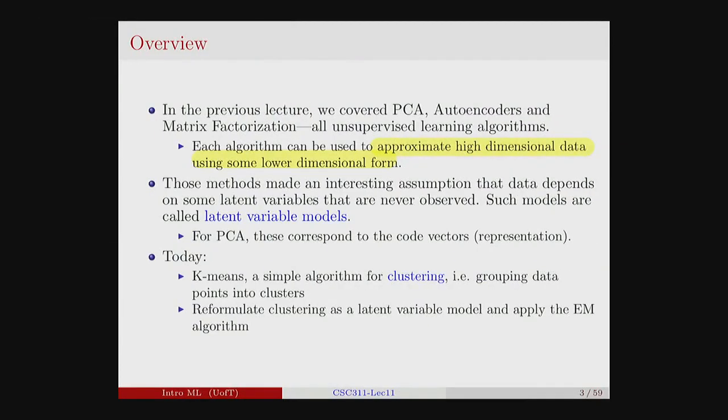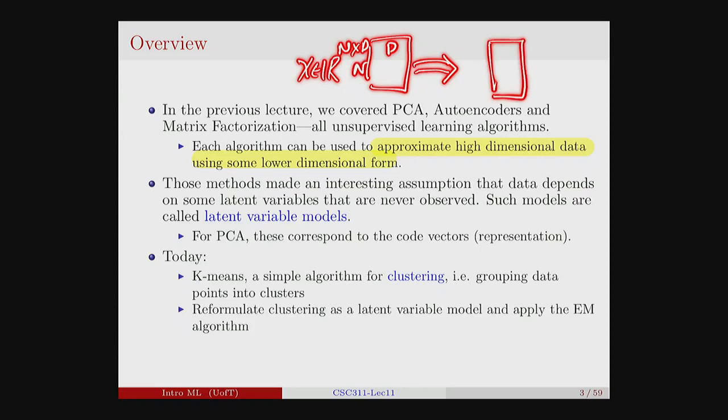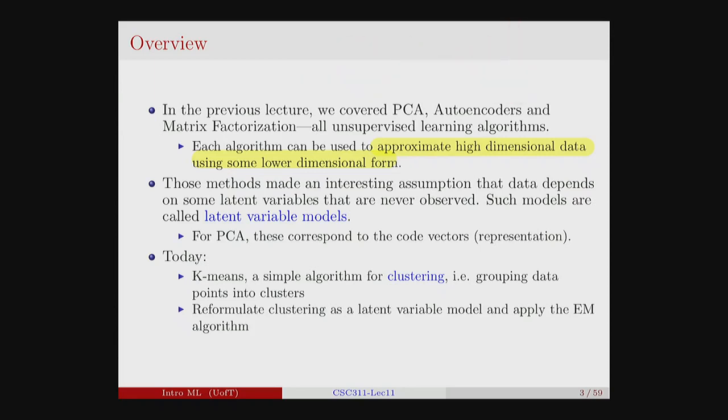In the previous lecture, we covered PCA, autoencoders, and matrix factorization. All of these were unsupervised learning algorithms. We took each data set that we had, some X that lies in R^(n by d), and mapped that onto some low-dimensional representation of that original data. We did that mapping based on preserving some salient characteristics of that data.